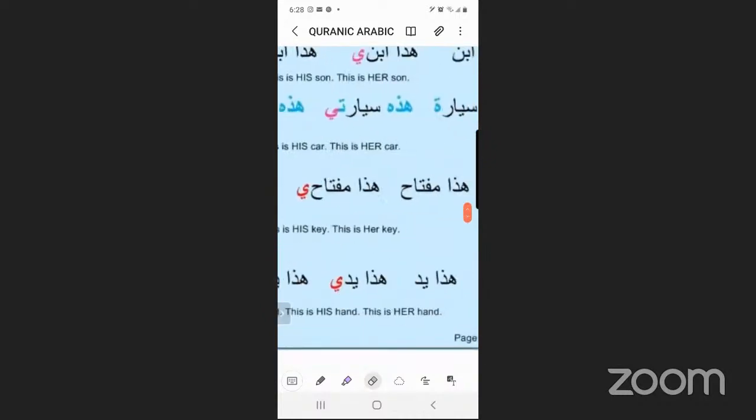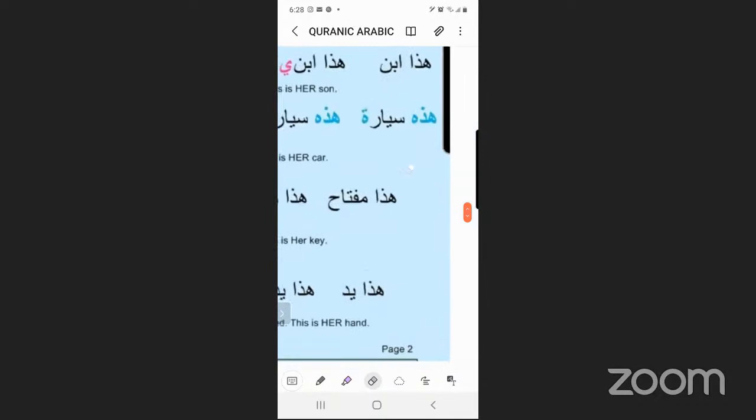هذه سيارة. هذا is this for masculine, and هذه is this for feminine. You have to make sure you know what هذا means.